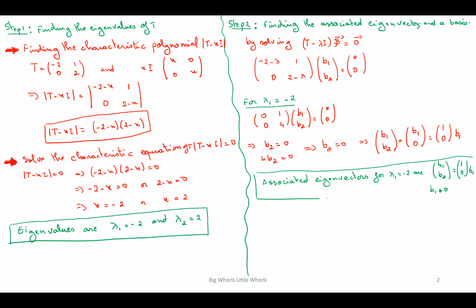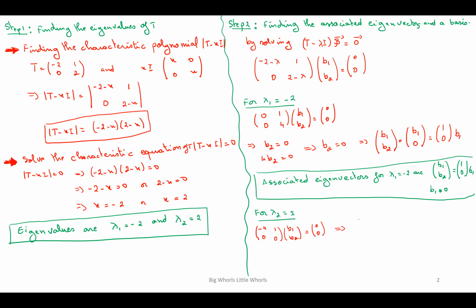Okay, so for lambda 2 equals 2, we have the following equation to solve. Minus 2 minus 2 is minus 4, 0 here, 1, 2 minus 2 is 0, times b1, b2 equals 0, 0.